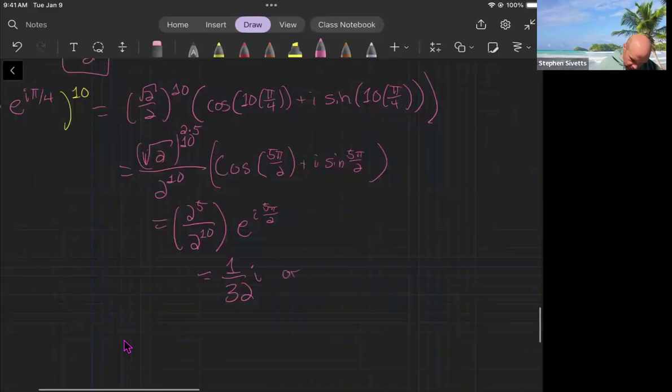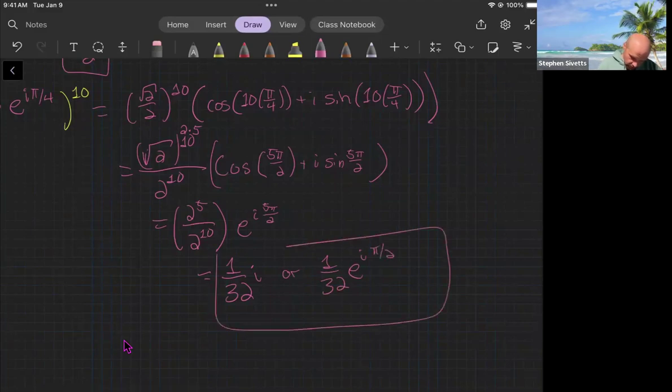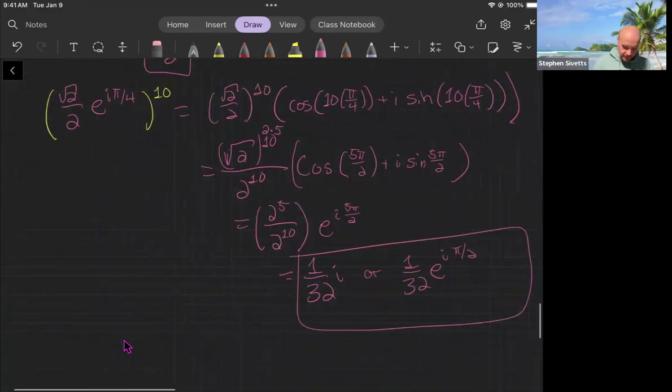The principal argument is e to the I times pi over 2. So these would work. And this is the rectangular, and this is the polar.